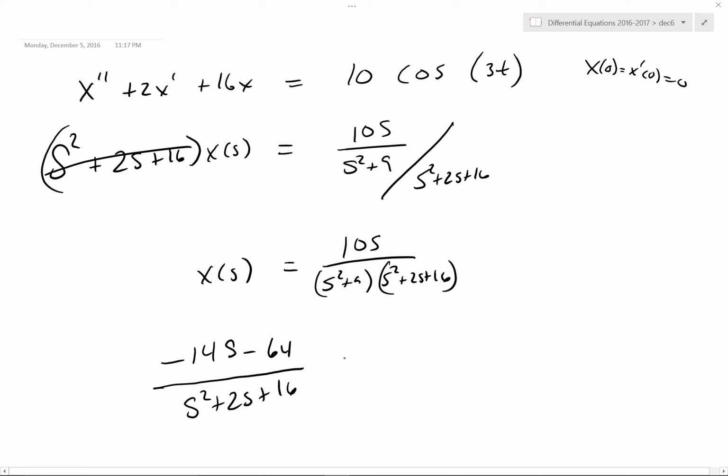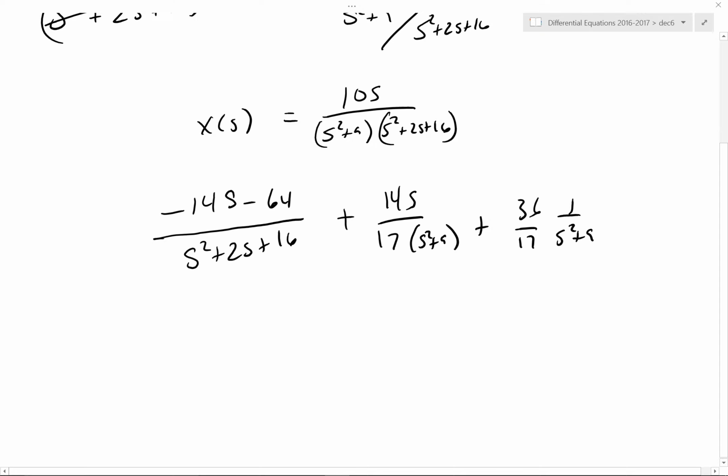Now these were two separate fractions. I put them together for reasons that will become obvious momentarily, I hope. Something along these lines, yes?